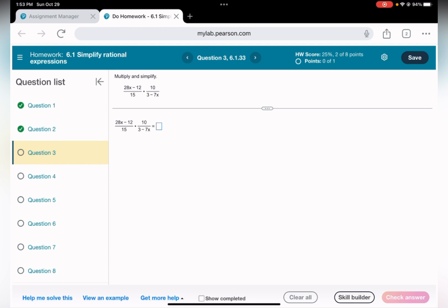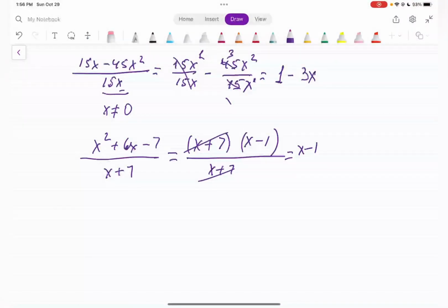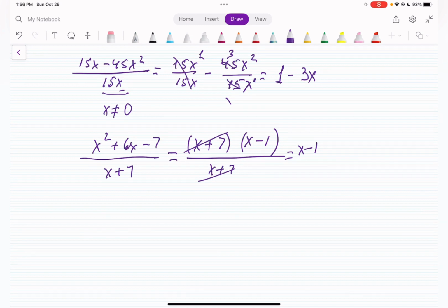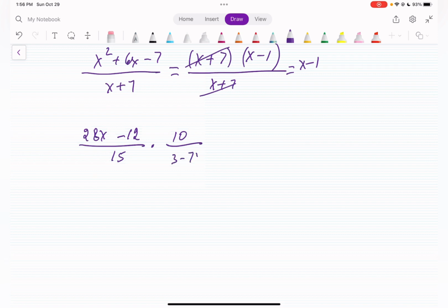Question number 3. Okay, this one I can't memorize. I need to write it down. Let's move to the notebook and work this out. So we have 28x minus 12 over 15 times 10 over 3 minus 7x.